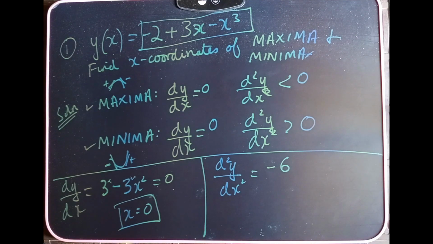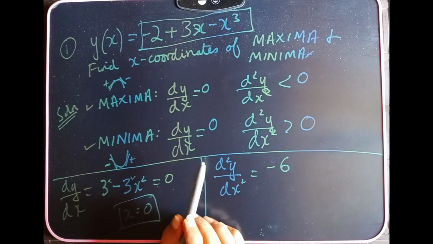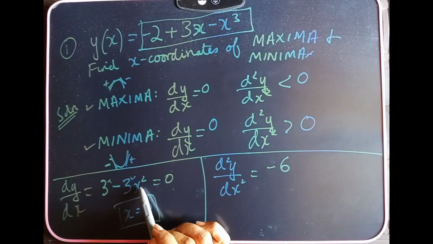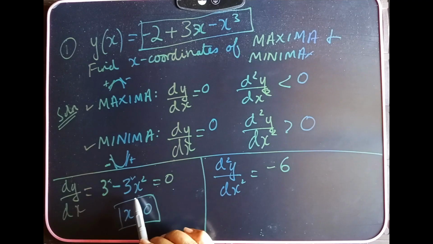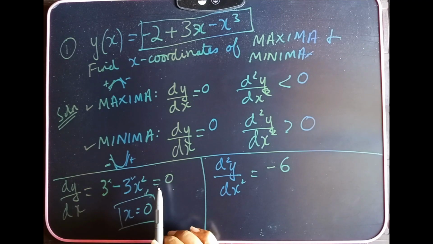Looks like there is some problem in this function. It should be 3x square. Have I done anything wrong by applying the rules? I guess this is right, right?